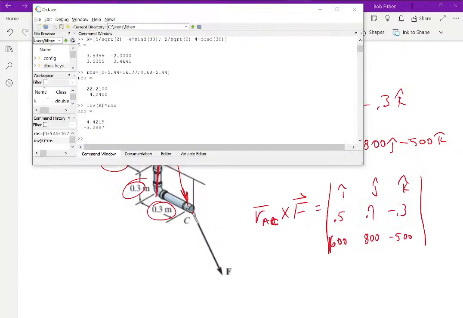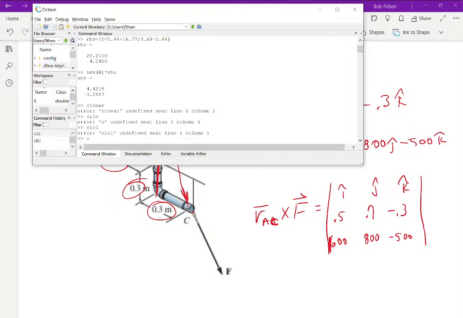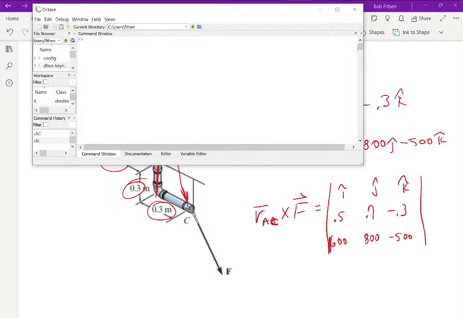I'm going to try to find MATLAB. I am going to clear it. I'm going to put in the R. R, in this case, is equal to 0.5, 0.7, minus 0.3.